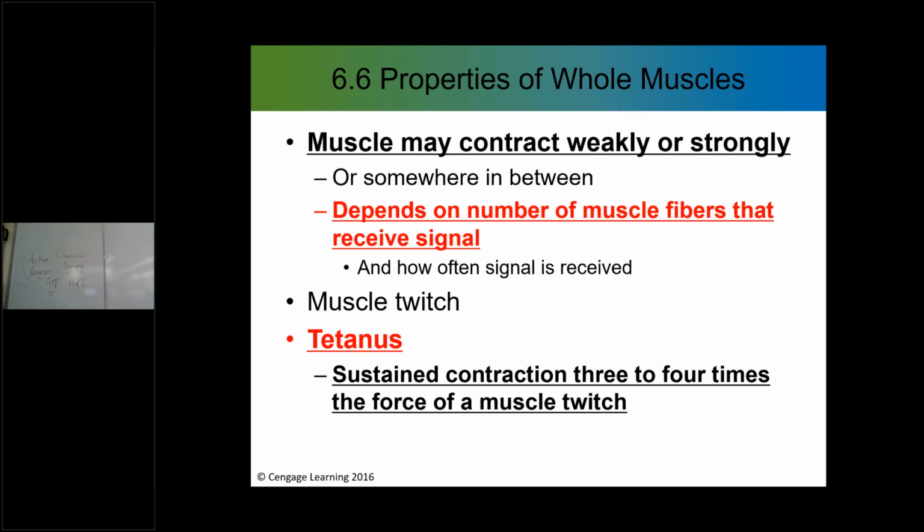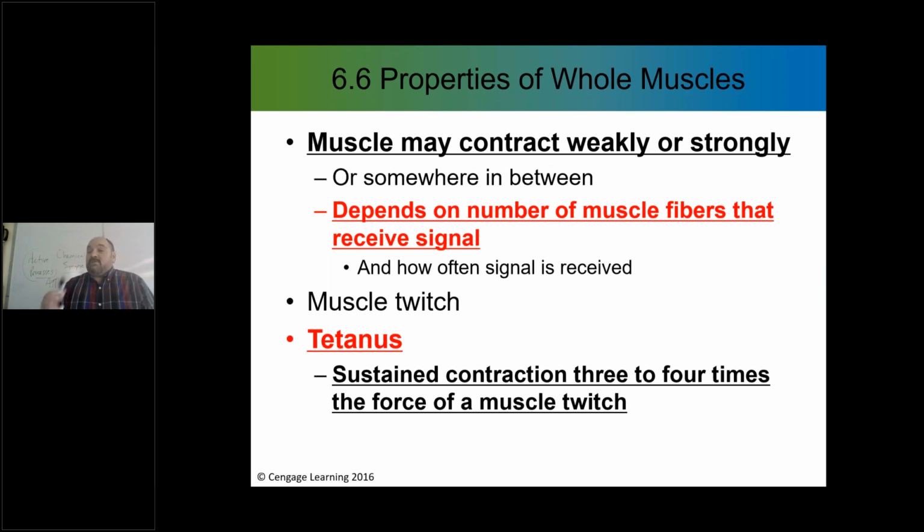Now, you'll see here that muscles may contract weakly or strongly, depending upon the number of muscle fibers that receive the signal. We understand this, because look at this. I'm lifting up this cell phone, right? That requires a certain amount of muscles to be able to do that. It's pretty light though, right? How about this marker? That's even lighter.